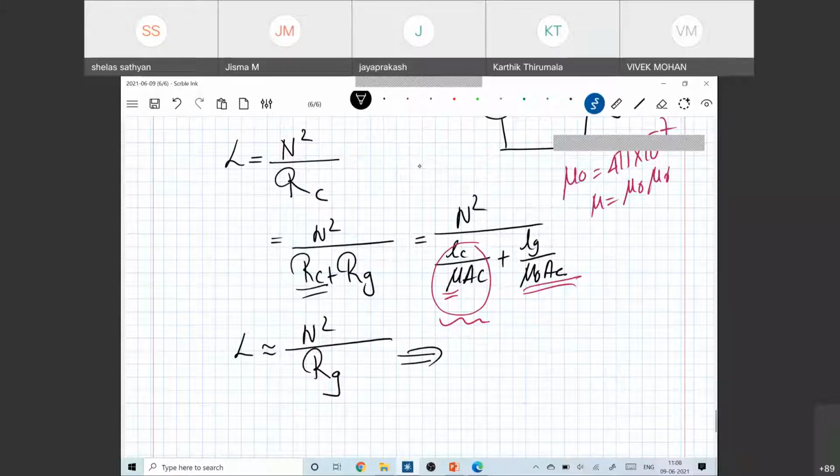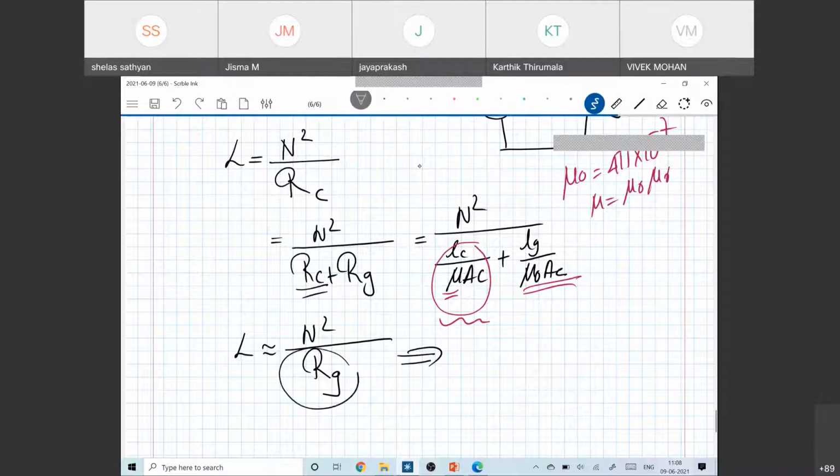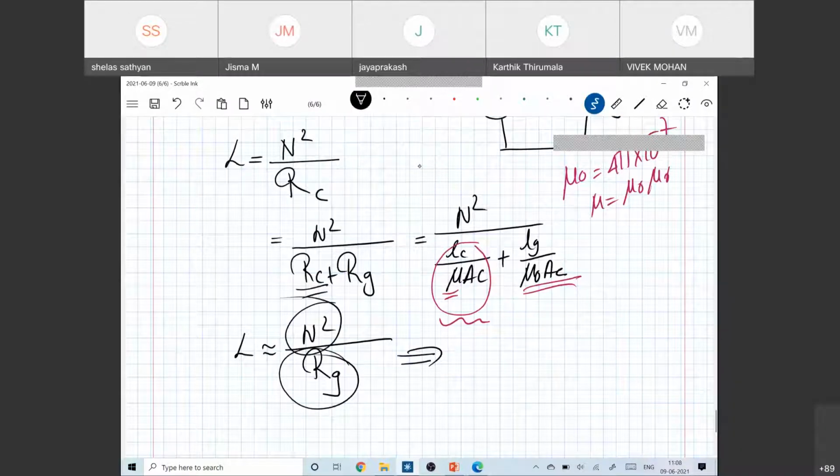Inductance now does not depend on which core you are using or what the shape of the core is, it is irrelevant. It only depends upon the air gap length and the number of turns. So introducing an air gap makes our inductor independent of core geometry.